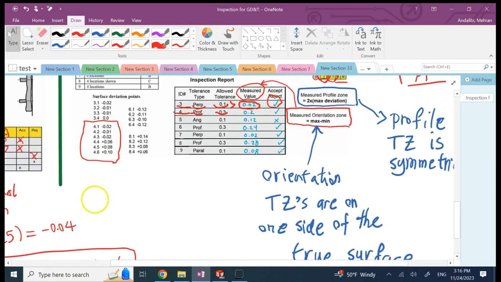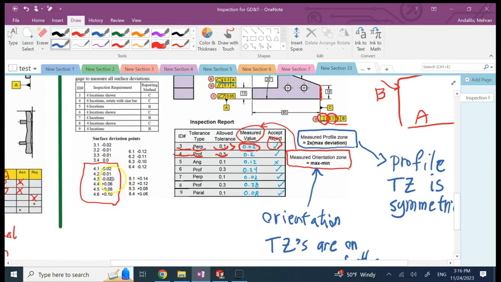So in this case, I look at all of these numbers, see where the maximum absolute value is, and multiply it by 2, so I get 0.2. That's still less than 0.3, so that profile is also accepted. Then I go to 6.